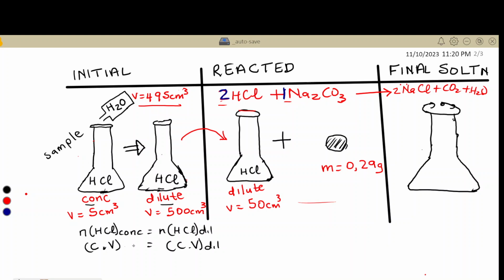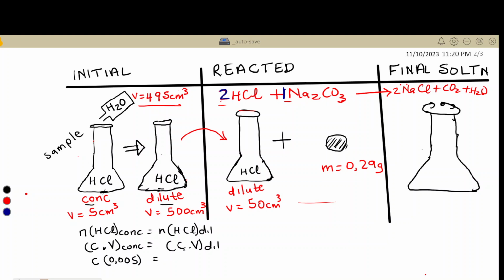We are required to find this concentration, and the volume for the concentrated is 5 cm cubed, so I'm gonna say it's 0.005 dm cubed.